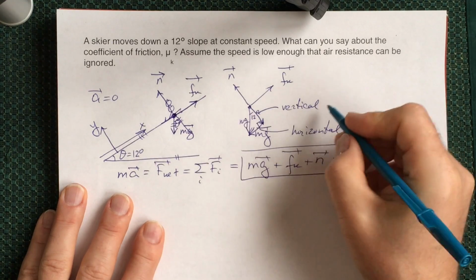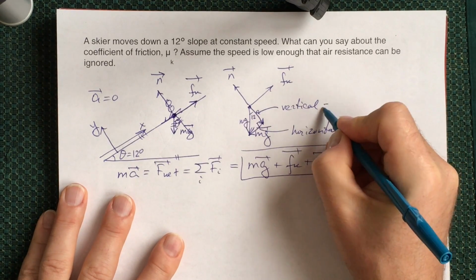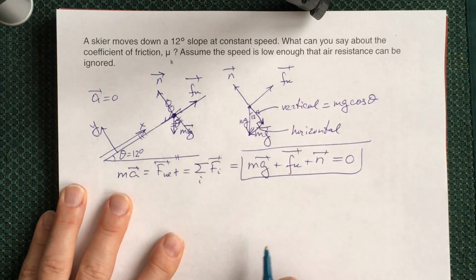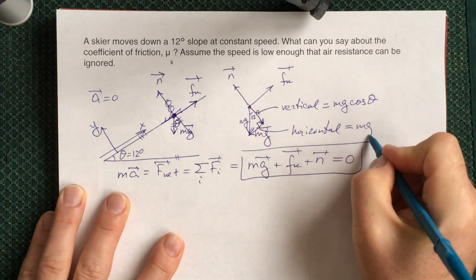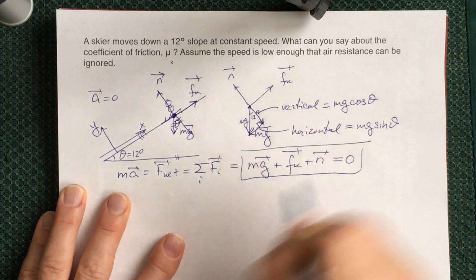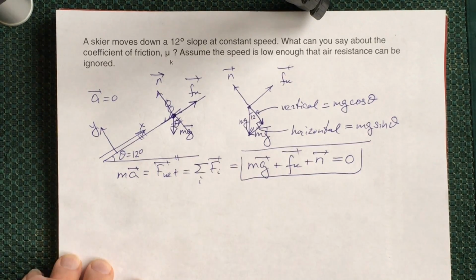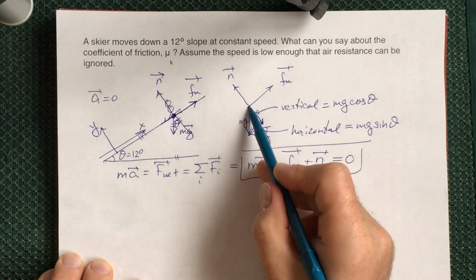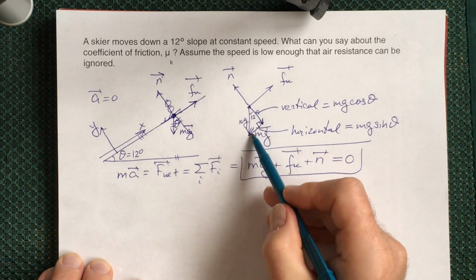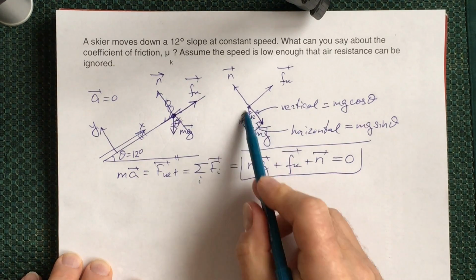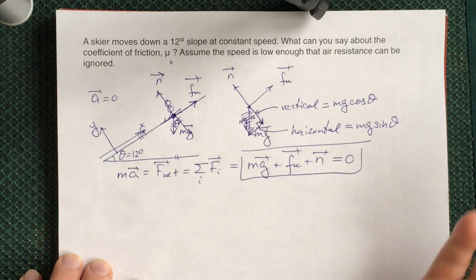So I can claim that the vertical component of my force will be equal to mg times cosine of the angle theta, and the horizontal mg times sine of the angle theta by magnitudes. And now we have to rewrite this vector equation as two independent equations for the horizontal and vertical components. As soon as you split your mg into horizontal and vertical components, you can forget safely about the hypotenuse, and you will have an arrow in your picture.